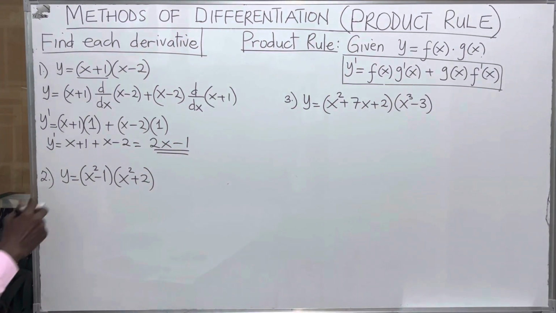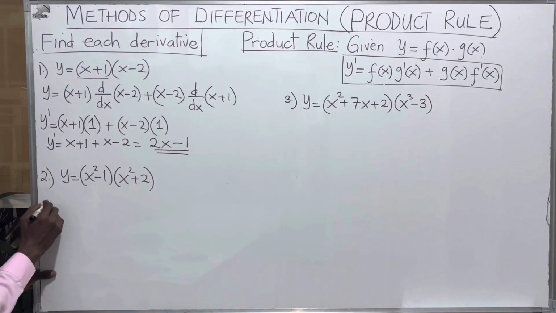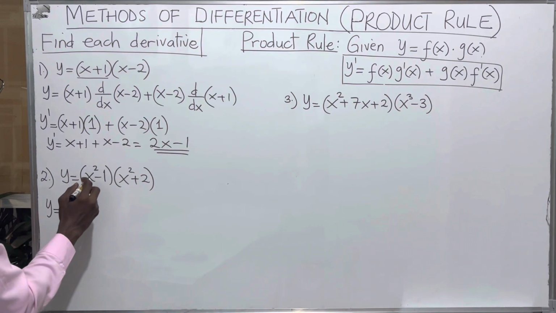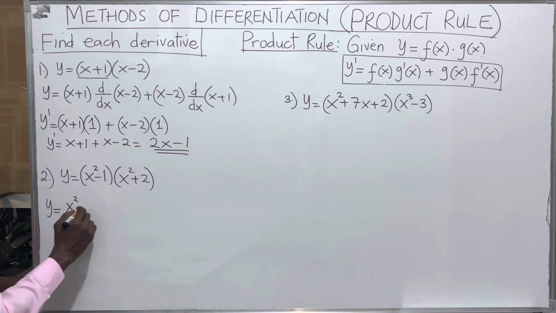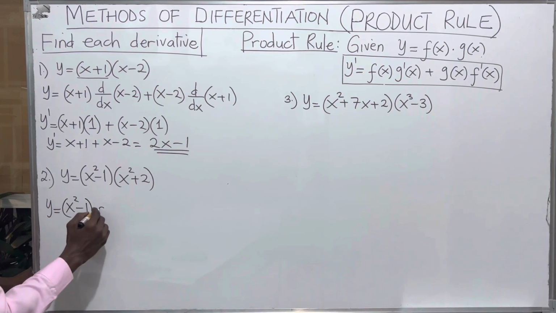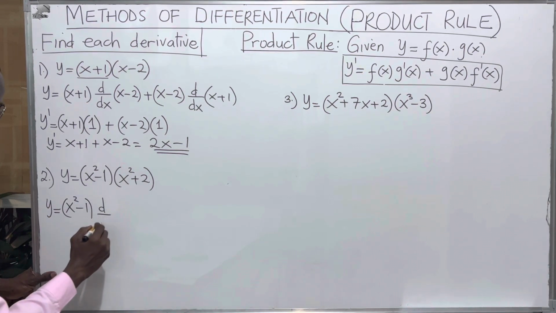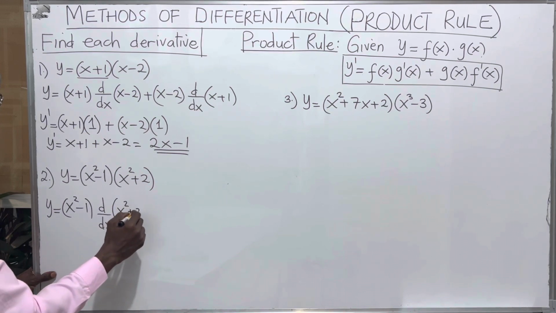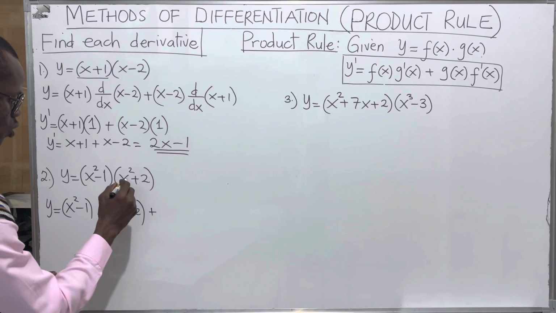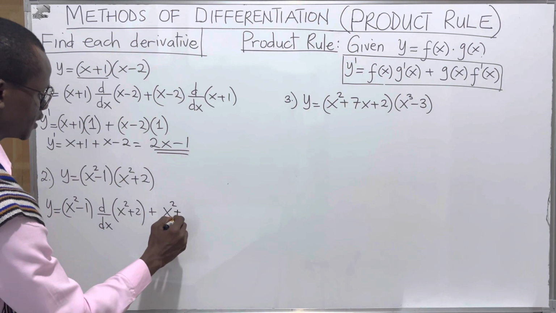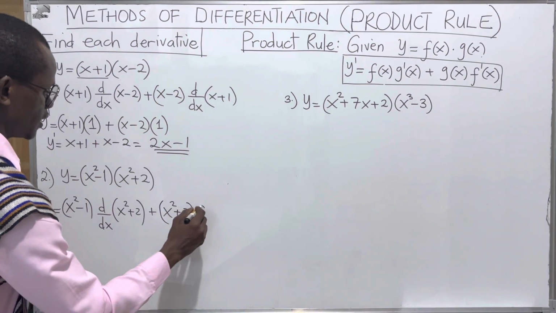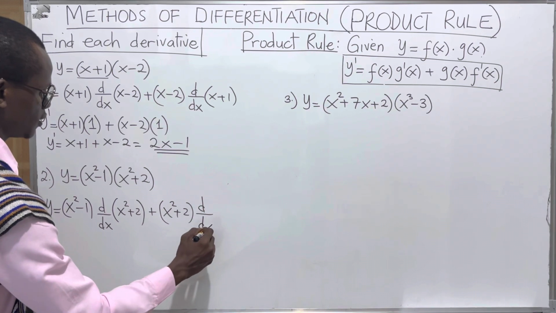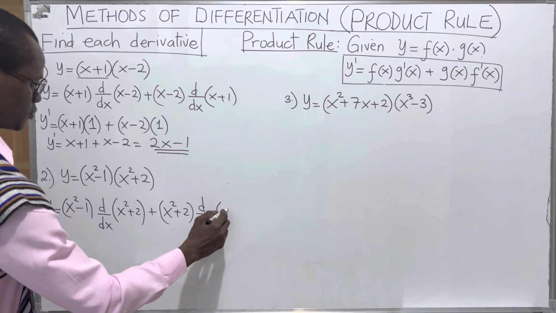So look at the second problem. The same thing. y equals, we hold this first one, x squared minus 1. We differentiate this one, d by dx of x squared plus 2. Plus, we hold the second one that we did not differentiate, and then we differentiate the first one.